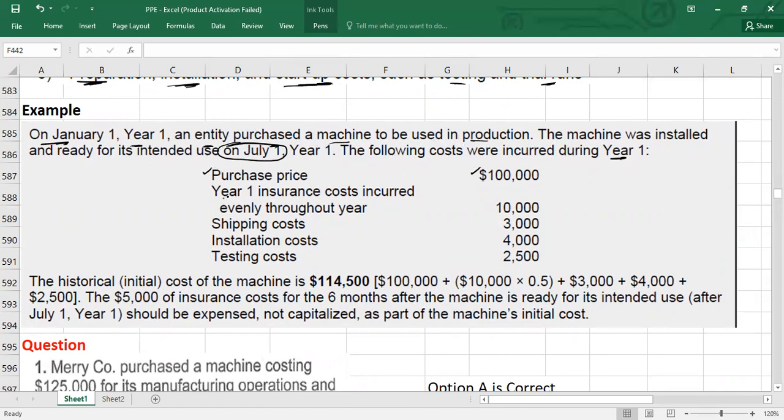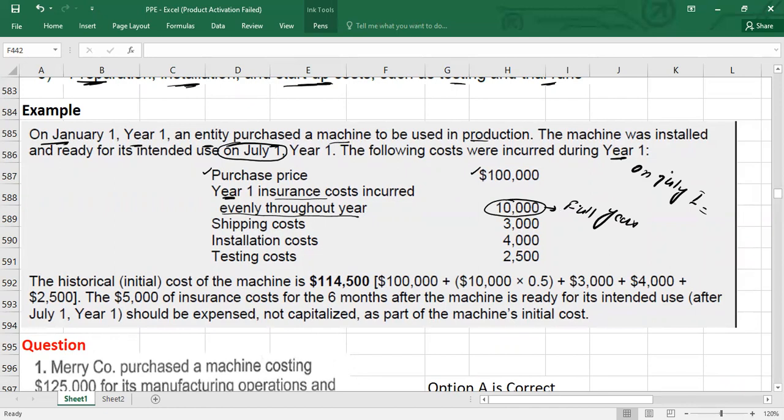Here you have year 1 insurance cost incurred evenly throughout the year. So actually this insurance cost of 10,000 is for the full year. And the asset is ready for use on July 1. It means this insurance cost you paid for the full year, but for the first 6 months the asset was not ready for use.